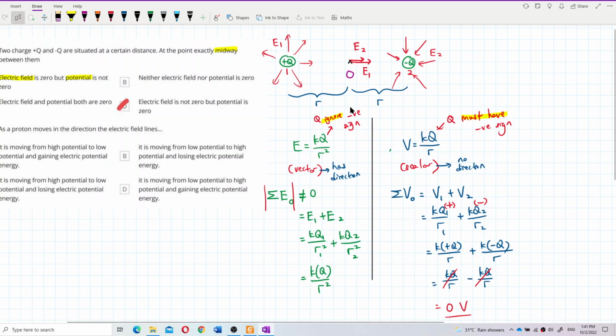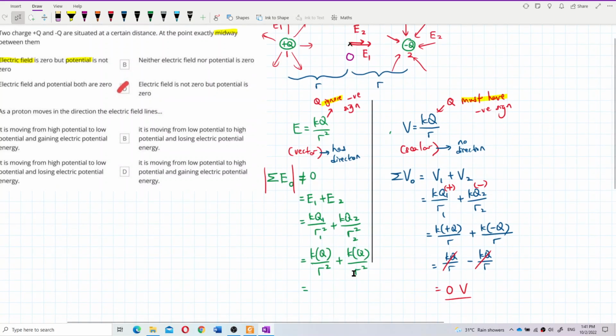This is R square, and then plus Q2. It is a negative charge, I know, but for a vector quantity you ignore the negative sign, so it becomes a positive Q. So it becomes 2KQ over R square.